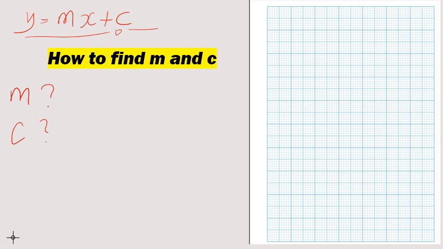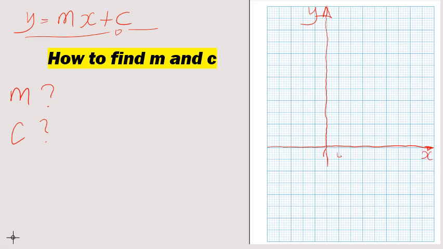So in this scenario, let us consider this graph paper here. We have that y-axis, that x-axis. Okay, so that's y, this is x.